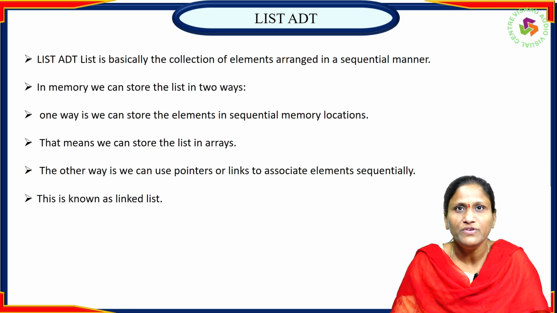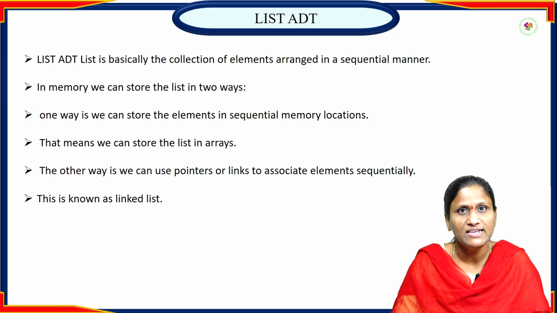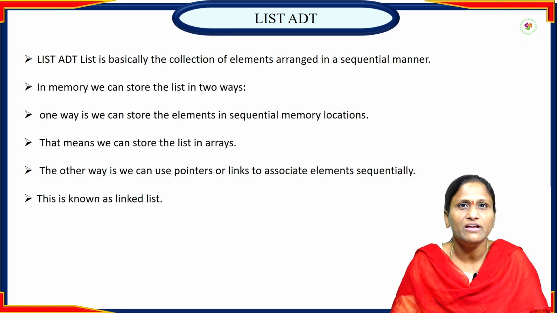And whenever we want to insert an element, at whichever position we require, either at the front of the list, at the end of the list, or in the middle of the list, wherever we require, we can insert or delete the element, or we can traverse the elements in the list.